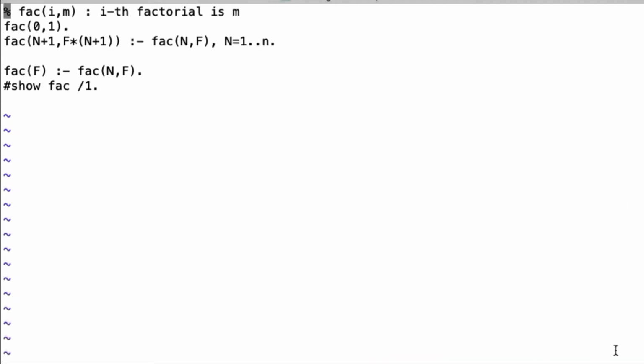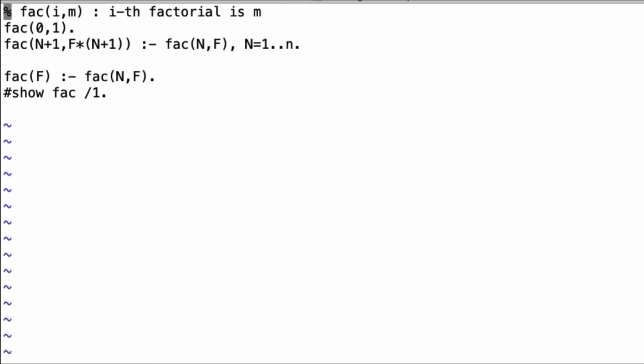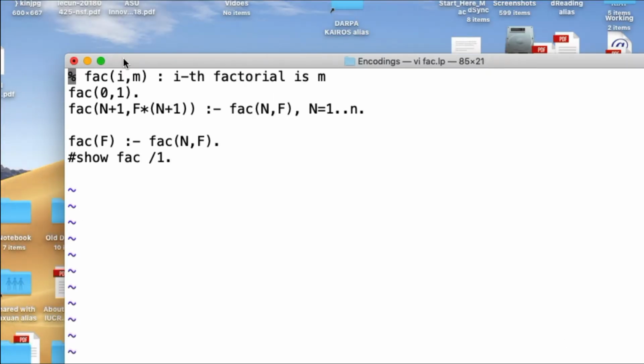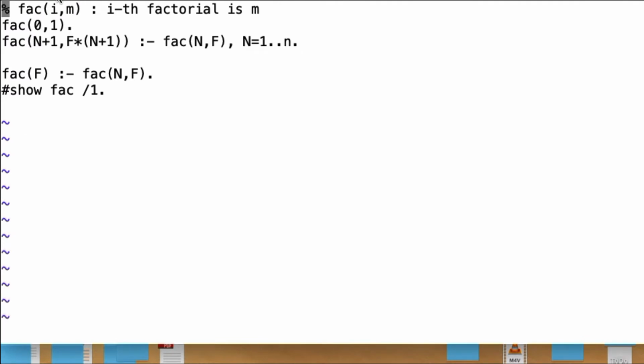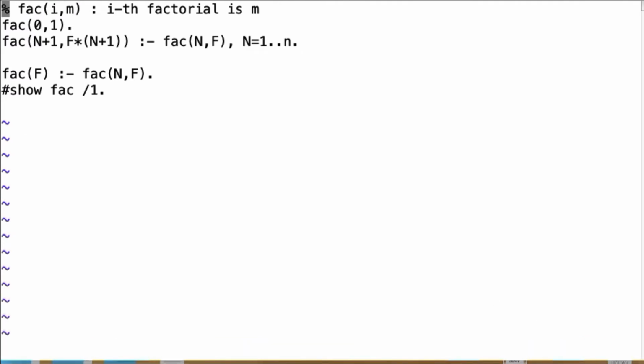This is the factorial program. Okay, so fact of 0, 1. So the 0 factorial is 1. That's what the first line is saying. The next one is n plus 1 factorial is f times this. Actually, let's read from the body.